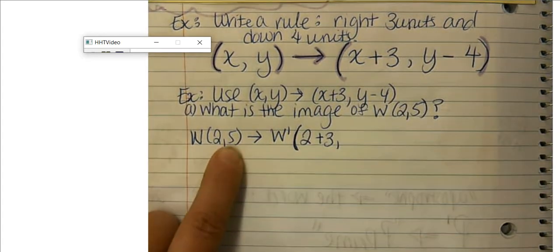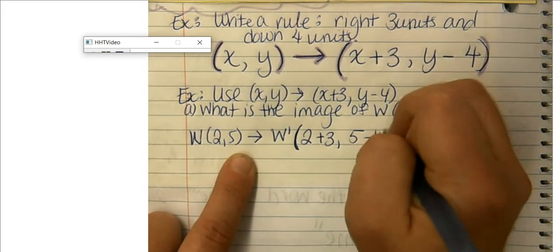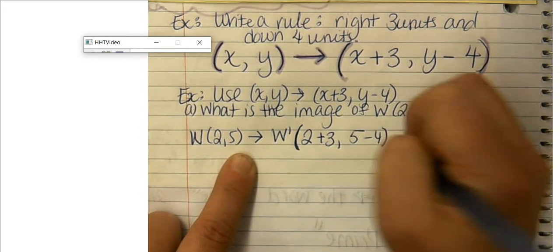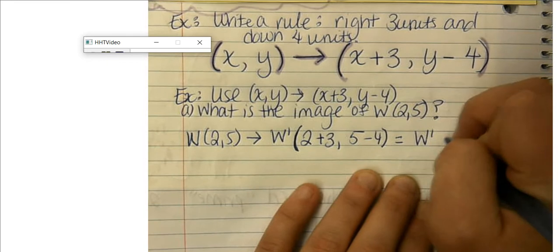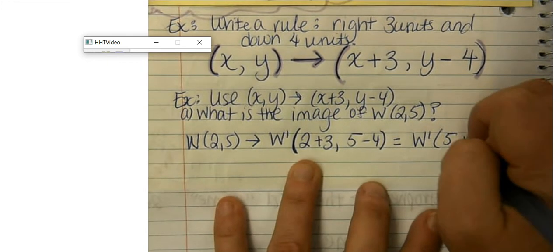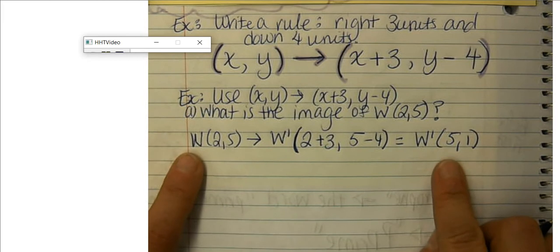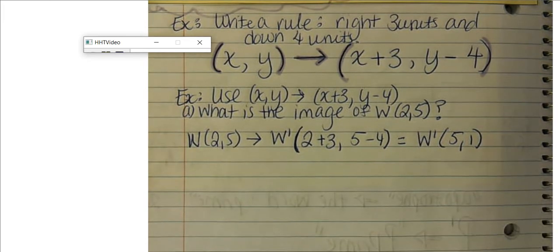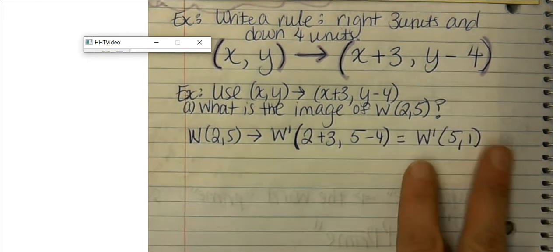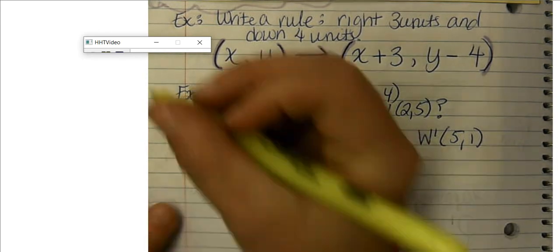My Y value starts off being 5, and now I'm going to subtract 4 from it. Simplifying my answer, W prime is going to be 5, 1. That would be the new location of W, and because it's a new location of W, we call it W prime. So this is how you would use a rule.